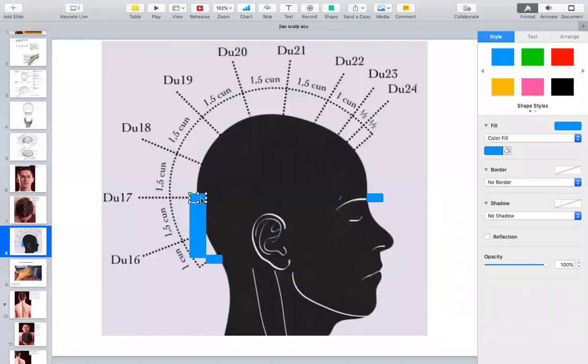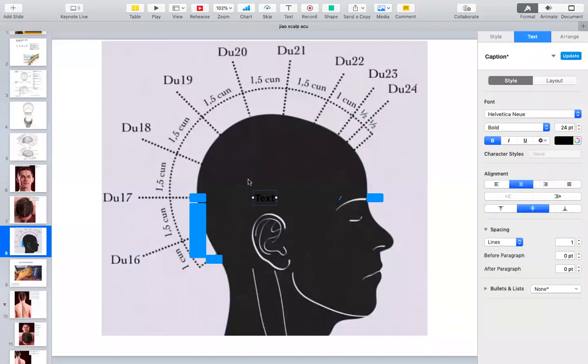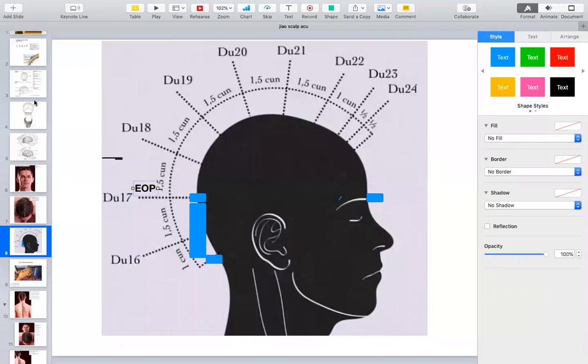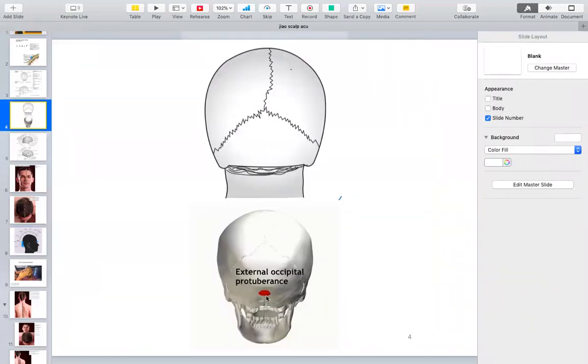You will find here one nodule, one protrusion. The name of this protrusion is EOP, the external occipital protuberance. See, this is the protuberance.